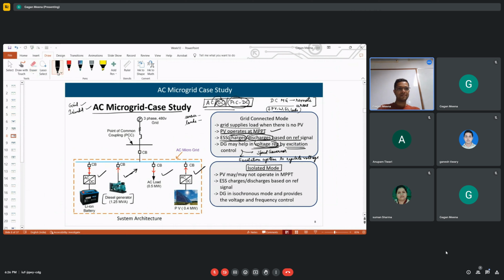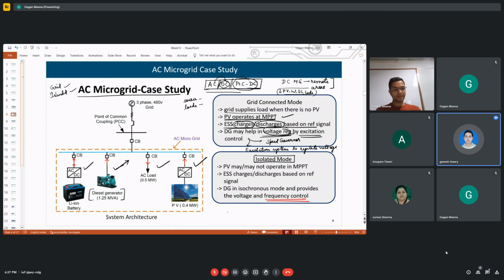You want to maintain the same frequency. No need of synchronization. Here the grid is not there, no? Isolated. Yes. Then DG can operate independently.